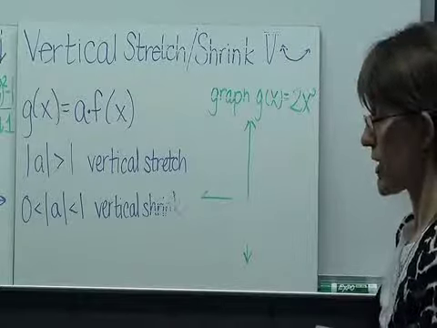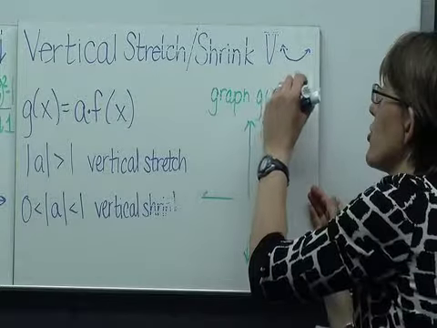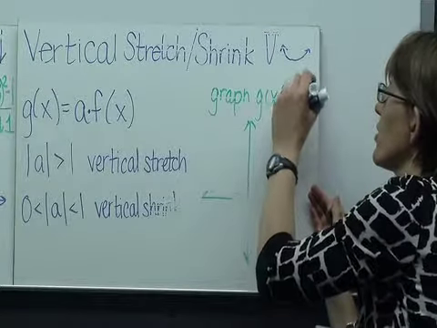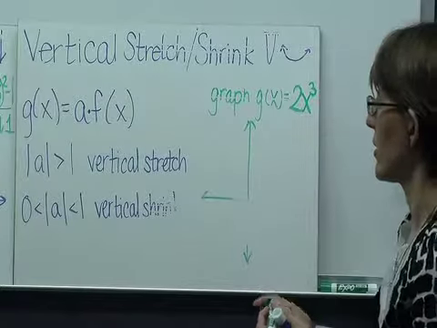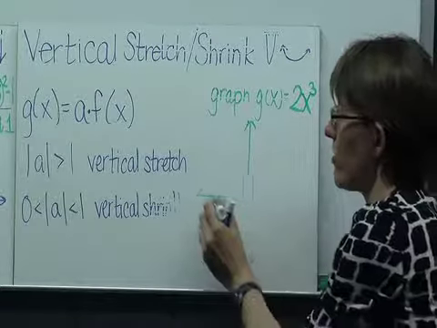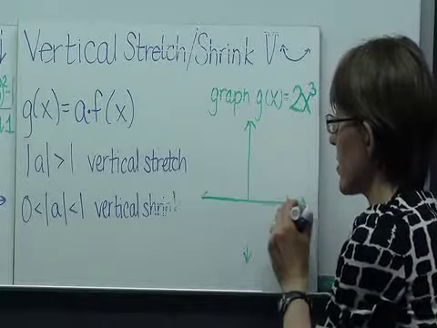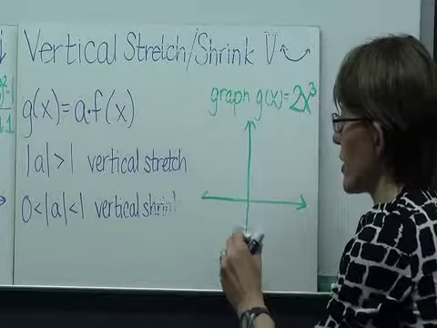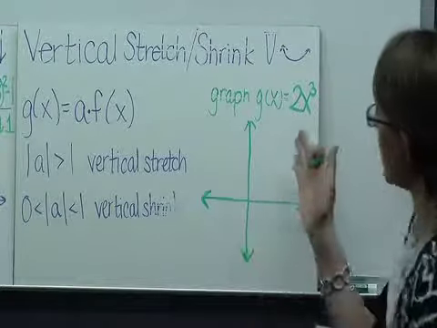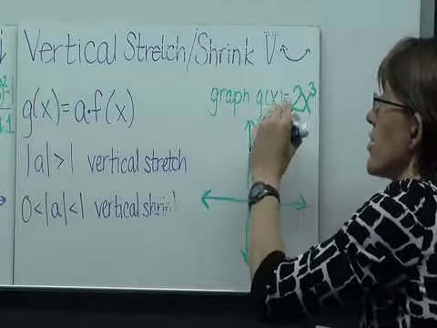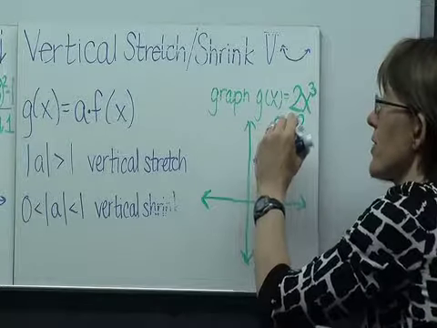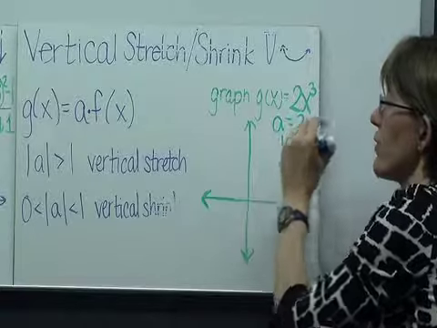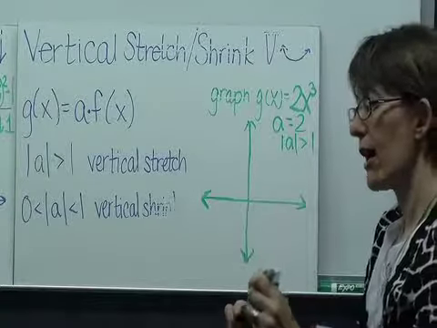But in our first example, we're graphing g of x equals 2 times x to the third power. Okay, I look at this. a equals 2, so its absolute value is greater than 1. I'm going to stretch that graph taller.